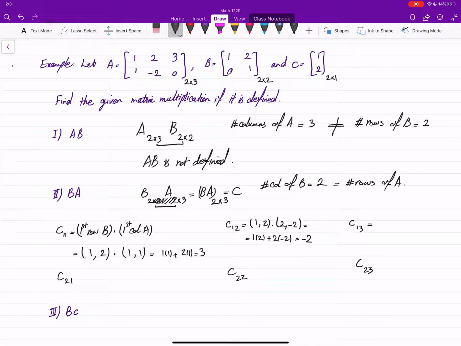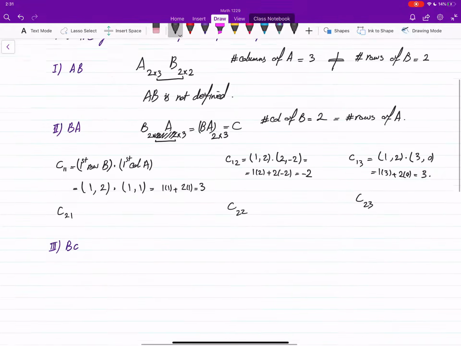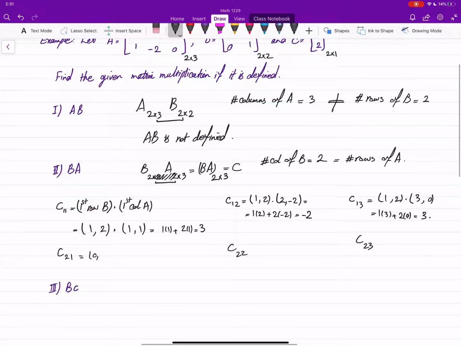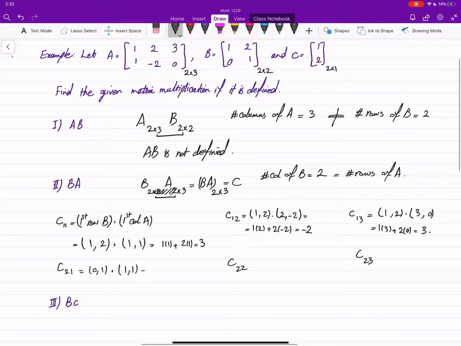I will do this one: first row of B, 1, 2, dot product the third column. This is 1 times 3 plus 2 times 0, and this gives us just 3. And 2,1: the second row is 0, 1, dot the first column 1, 1, and that gives us 0 times 1 plus 1 times 1, which is 1.